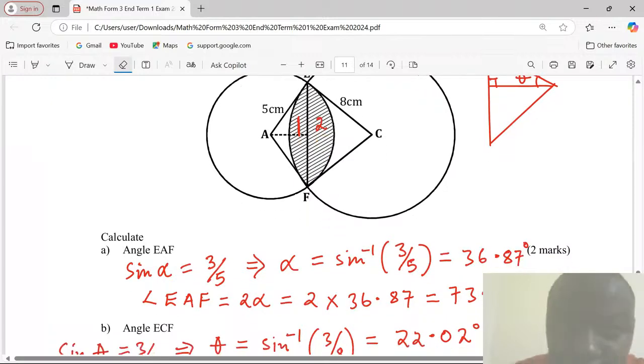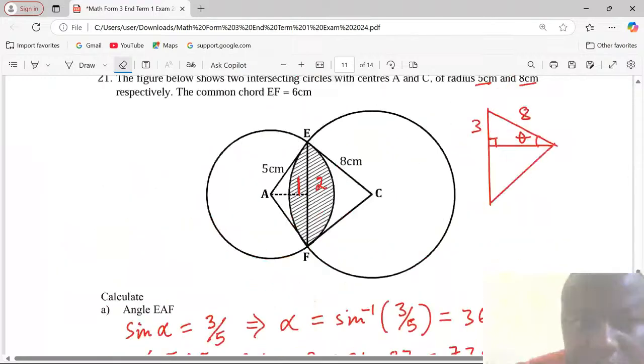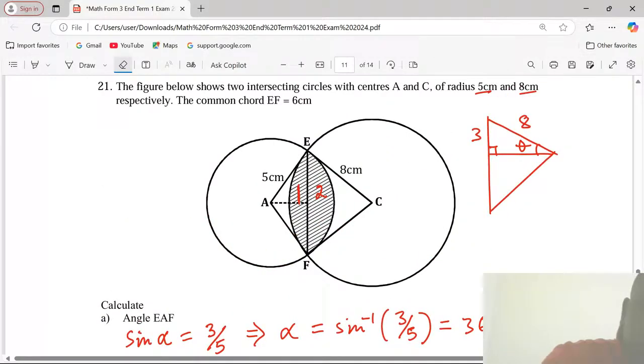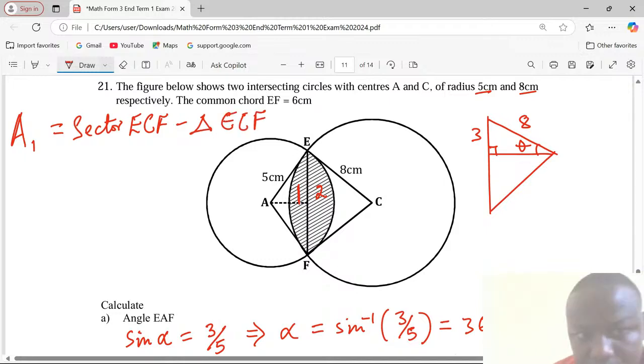So for me to get area 1, I need the sector ECF and I subtract the triangle ECF, because it is a minor segment.